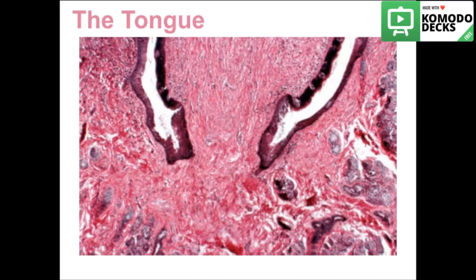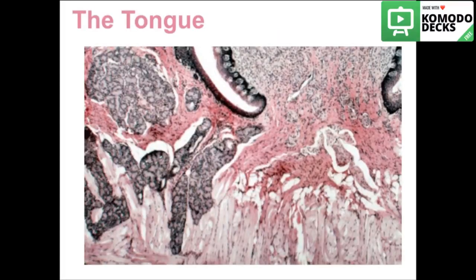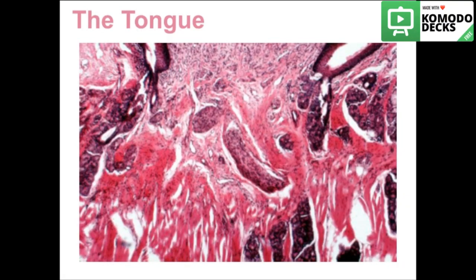We show in the submucosa some mucus glands. Again, the submucosa of the circumvallate papilla showing mucus glands within the muscles.